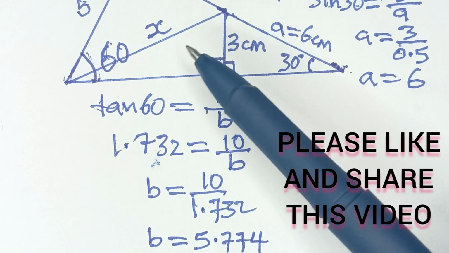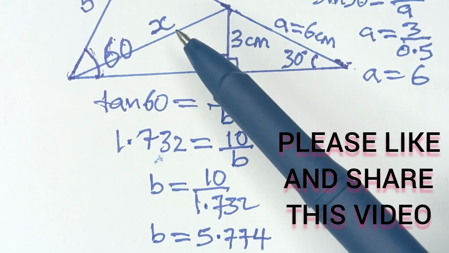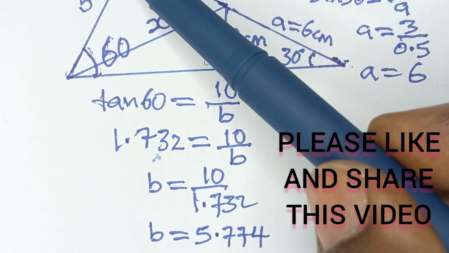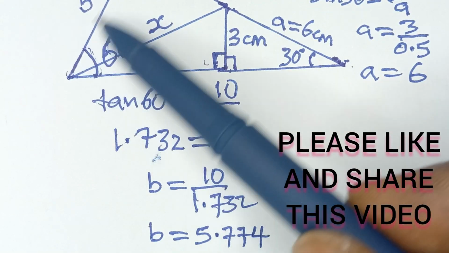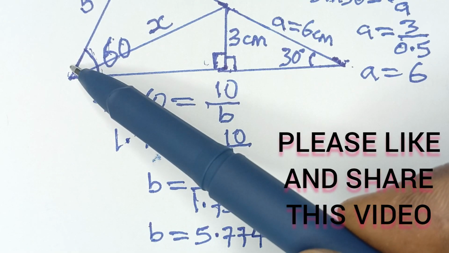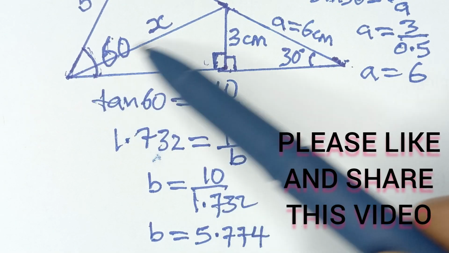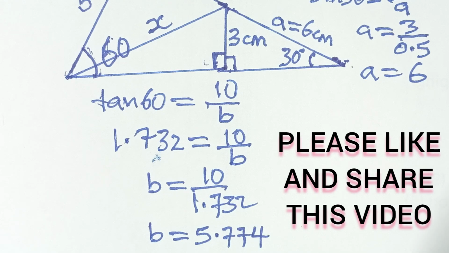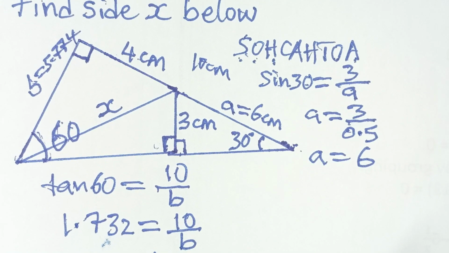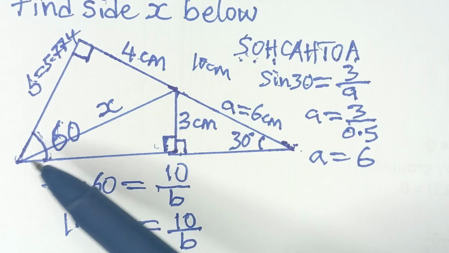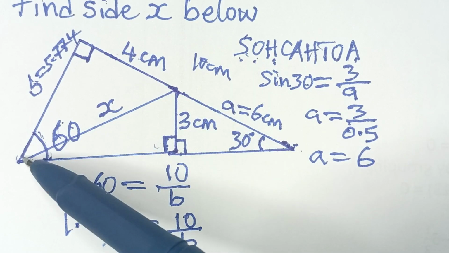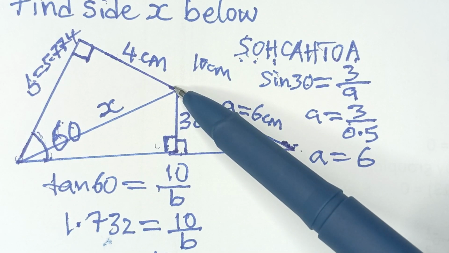Now, finally, we are looking for X. Don't forget, that is the length that we're looking for. Using this smaller triangle now, we know this side as 4 and this side as 5.774, and we are looking for the value of X. Let me bring the shape down again. To get this X, we'll be using Pythagoras theorem this time.